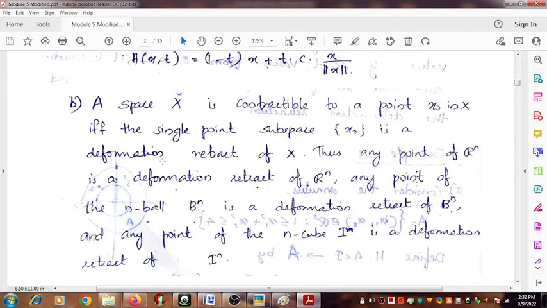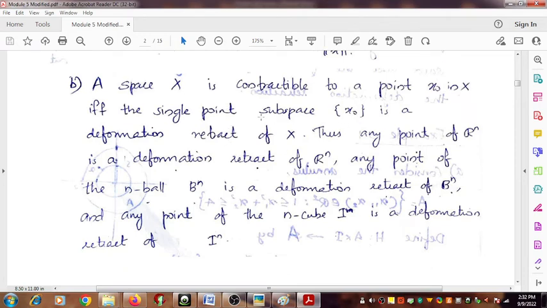Applying this concept, we can see that any point of Rn, consider for example R1, the simplest case. R1 is the real line. Any point on R1 can be treated as the single point to which our entire space can be deformed.